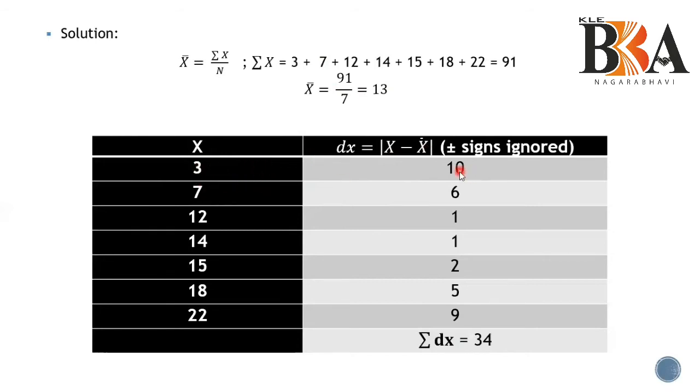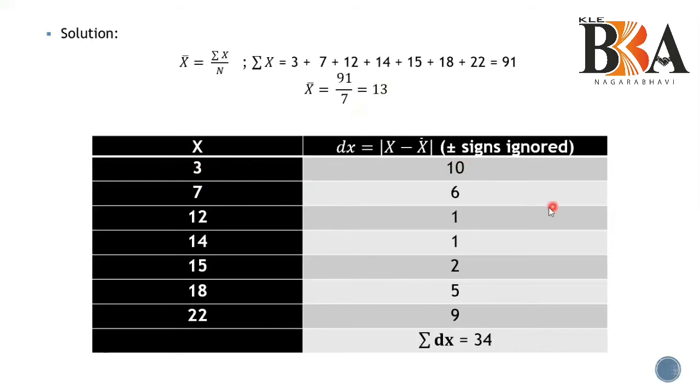While calculating this, always understand that in mean deviation or coefficient of mean deviation problems, the plus or minus sign should always be ignored. You should not take the signs into consideration. So 3 minus the mean 13 gives 10.